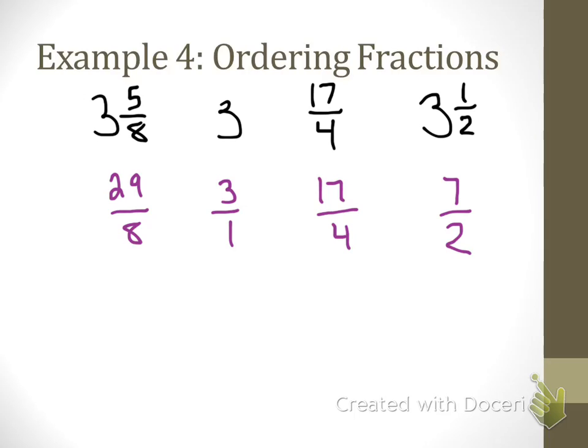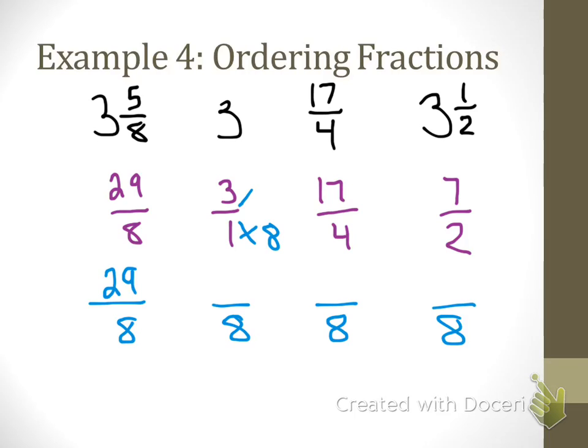So 29 over 8 I can keep the same. Now, to get to my common denominator, write it as your common denominator. 1 times what equals 8? 8. Okay, good job.